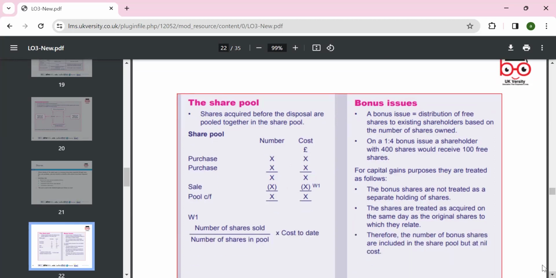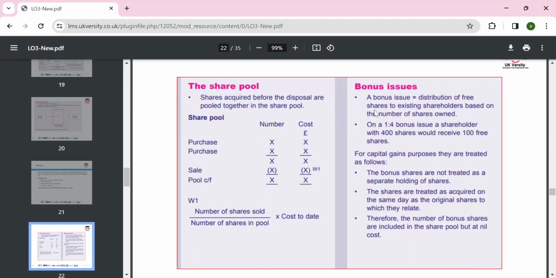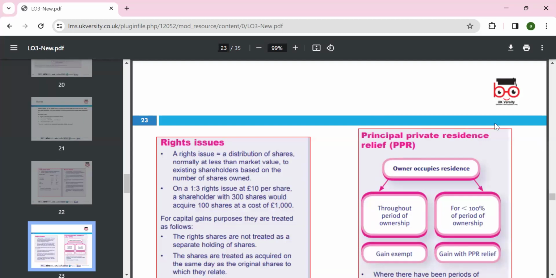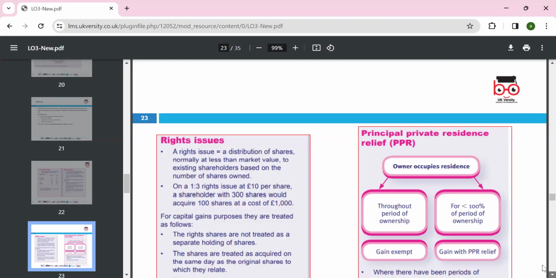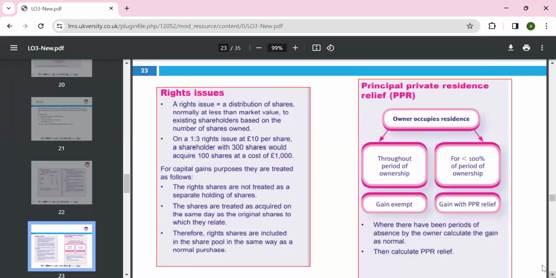Sometimes with shares there can be bonus issues, the free shares you receive, and how the value of the share is impacted, which we also need to keep in mind. For rights issues, if you have 1 in 3 or various other rules set by the company, we need to look at those.